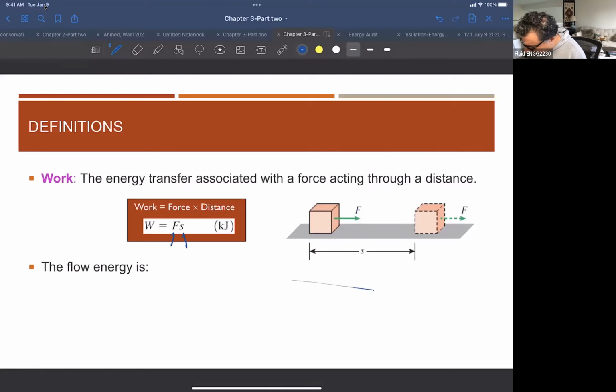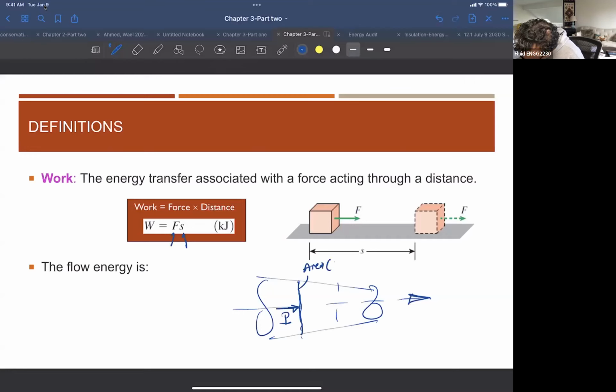So now if I have a pipe like this, a pipeline, and imagine at any section of this pipe, the pressure here is P, okay? And the area is A. If I want to move this fluid a distance L, what I'm doing here is creating work, right? And this work is pushing the fluid this distance.